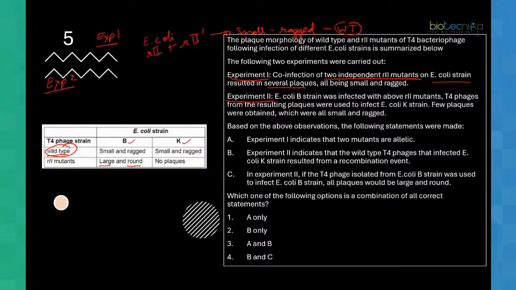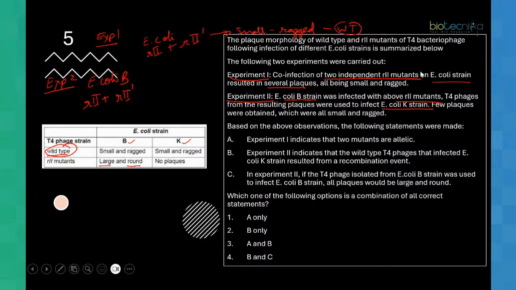In experiment 2, E. coli B strain was infected with the above R2 mutants. So here we took E. coli B strain, and again this B strain was infected with R2 and R2 dash, these two mutants. T4 phages from the resulting plaques were used to infect E. coli K strain.